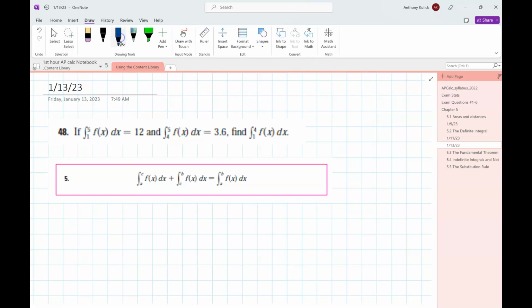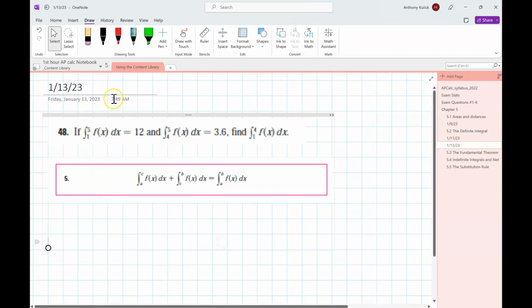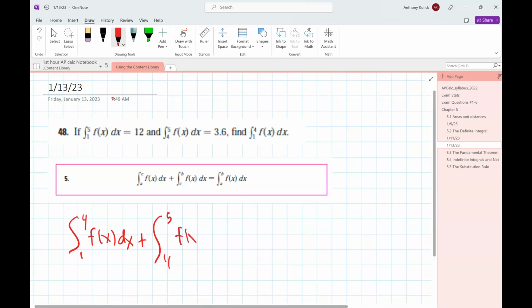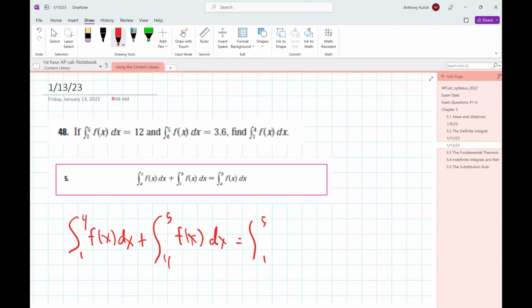So if I piece this together, I can say that the integral from 1 to 4 of f of x dx plus the integral from 4 to 5 of f of x dx is equal to the integral from 1 to 5 of f of x dx.